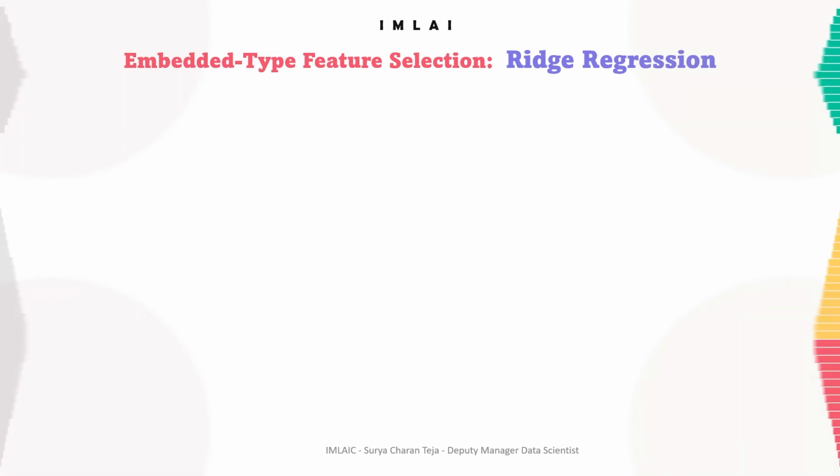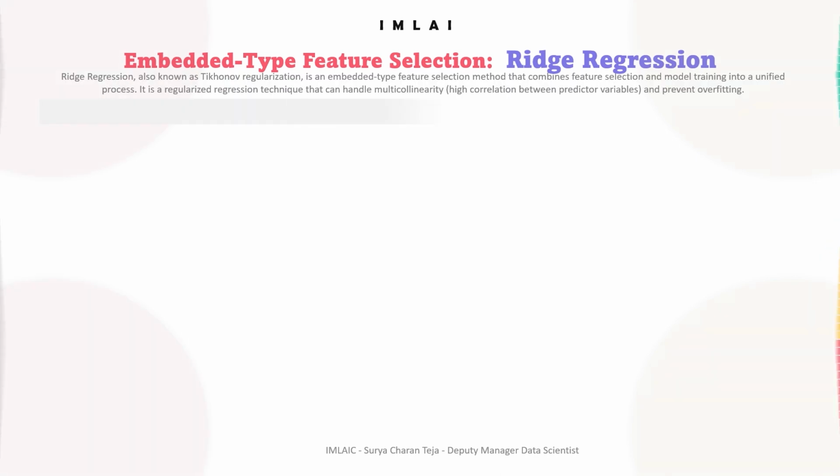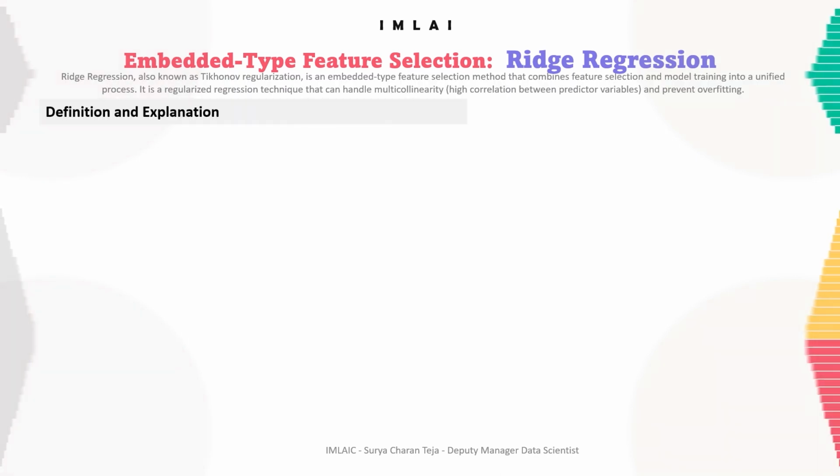So to put it, I'm just going to repeat one more time. It's a very important aspect of ridge regression. Ridge regression is a regularized regression technique that can handle multicollinearity and prevent overfitting. Now let's look into the definition and explanation of ridge regression. Ridge regression is a linear regression algorithm that adds a penalty term to the sum of the squared residuals in the objective function.